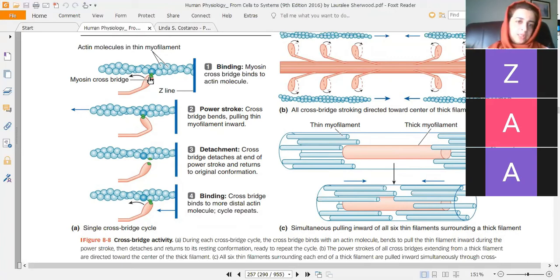So we start from one point. The myosin cross bridge binds to the actin molecule. As soon as that takes place, a power stroke is triggered. This binding acts like a trigger. I'm sure most of you already understand this, but for me, this was the most fascinating part of understanding the basic concept.